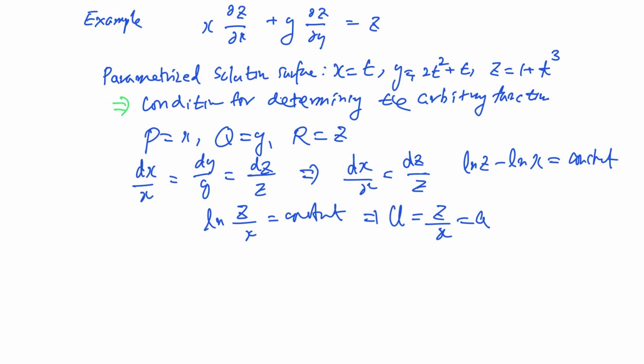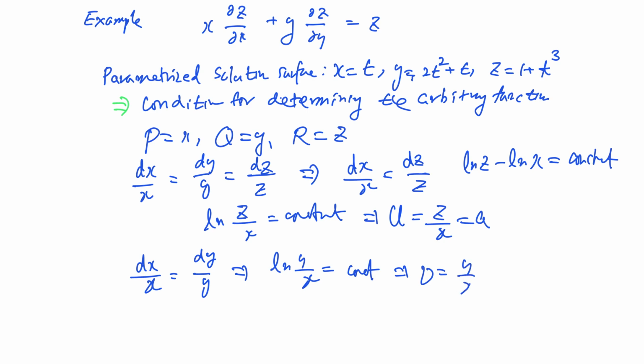Another condition, dx over x is dy over y, so ln y minus ln x is constant, so v is y over x is constant b. So we say u is z over x, v is y over x.